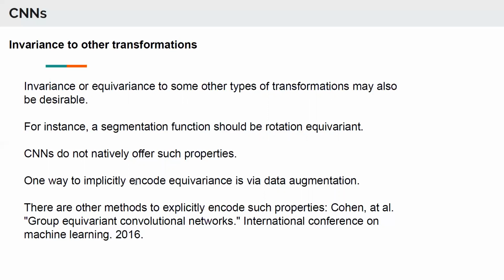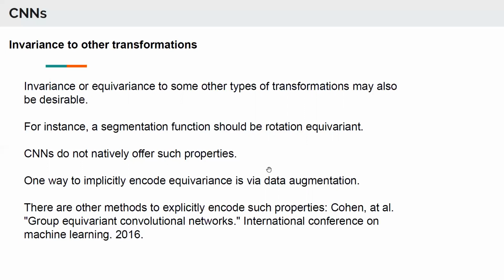For example, you can imagine that the segmentation function should be equivariant to rotation, which means if I rotate my image, the segmentation of the image should also rotate by the same amount. It turns out that CNNs do not natively offer such properties, and then we have to come up with other ideas to encode such equivariance in CNNs.